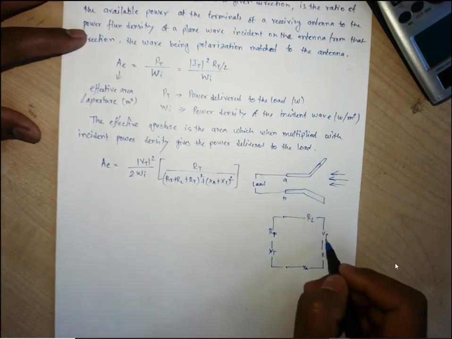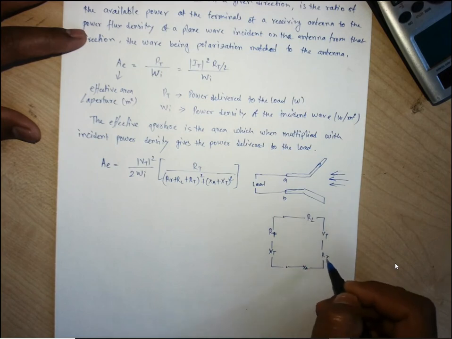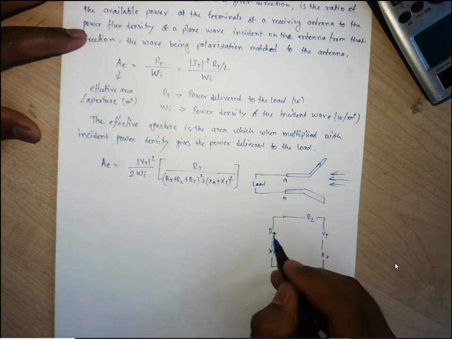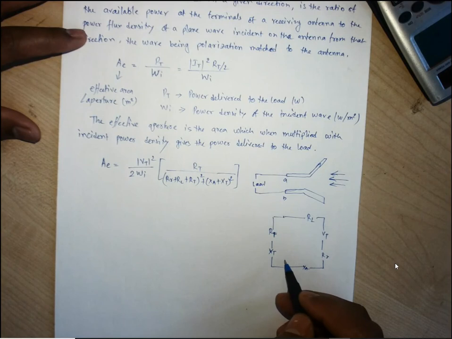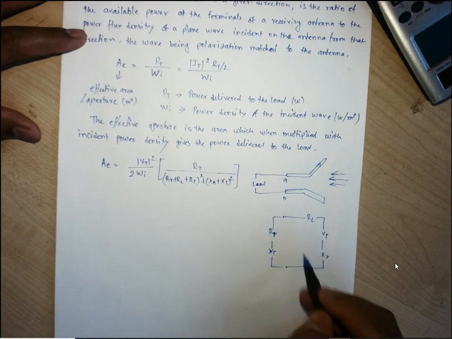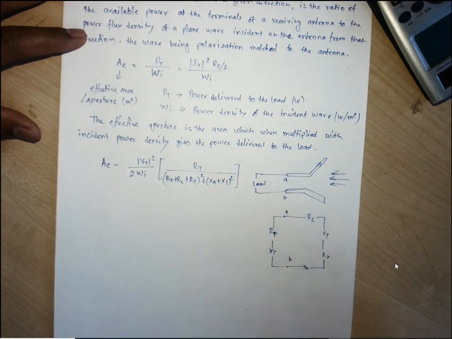So this VT is the induced voltage in the antenna, RR is the radiation resistance, RT is the load resistance, XA is the antenna reactance at terminals A and B, and XT is the reactance of the load.